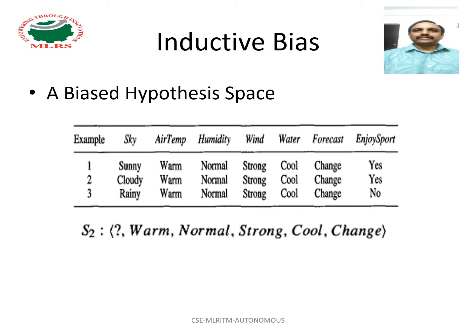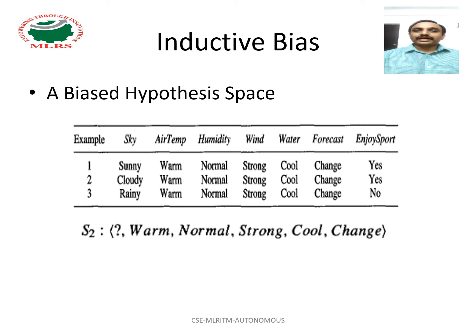Now we will take the inductive bias of the candidate elimination algorithm. The first one is: what is a biased hypothesis space? In this example, we have the attributes sky, air temperature, humidity, wind, water, and forecast. So 6 attributes, and this is the enjoy sport example.